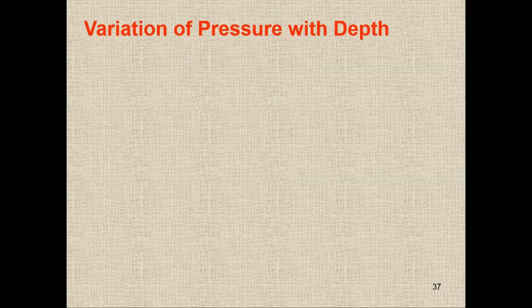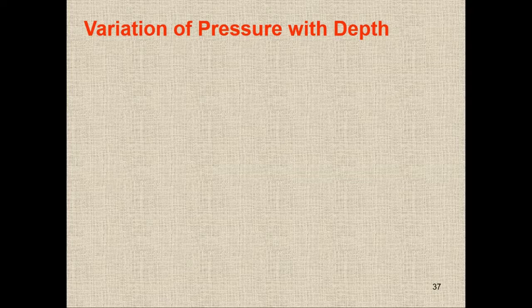Now what will happen if we move up or down from a reference point? If I'm going up, the amount of atmosphere on top of me will reduce, so the pressure will decrease if I'm going up from a reference point. While if I'm going down from a reference point, then the pressure will increase because the amount of air or fluid above me will change.